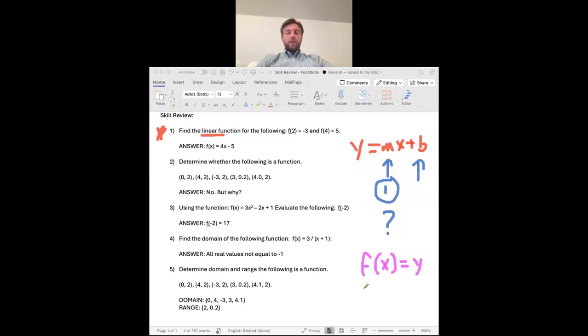So line it up. F of 2 equals -3. That is telling you that the x is 2 and the y is -3. So when you want to write an xy ordered pair, one of them is 2, -3. Do you see that?